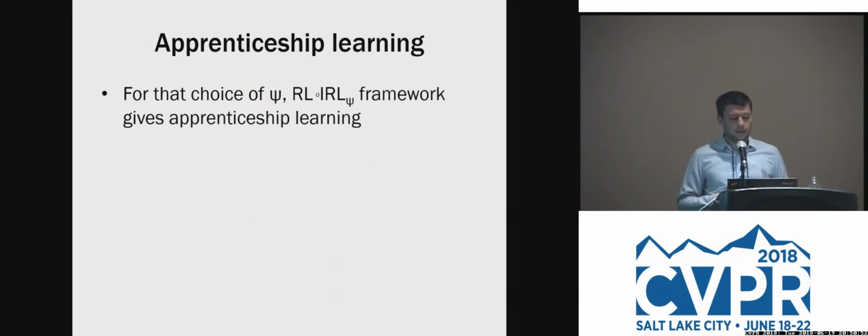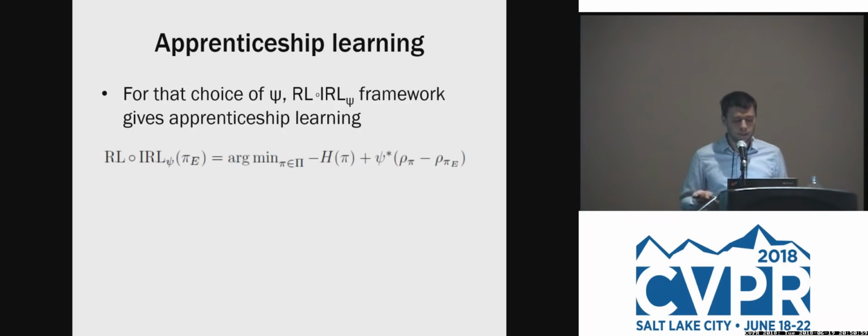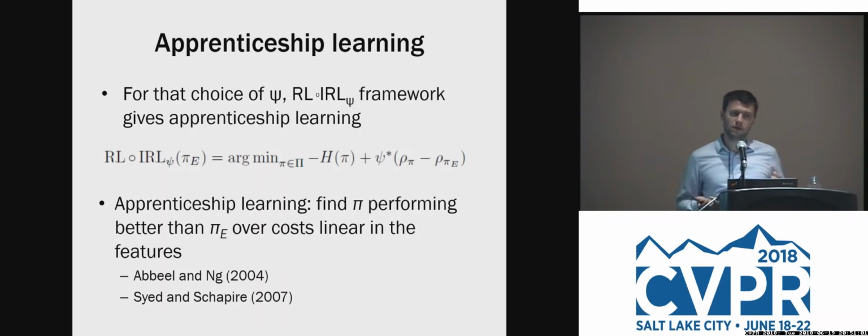Turns out that if you look at the corresponding psi star, this approach will give you apprenticeship learning, which is a method that was introduced about 10 years ago by Pieter Abbeel and Andrew Ng, where the optimization problem is finding a policy such that it performs better than the expert over this class of cost functions that are linear in pre-specified features.